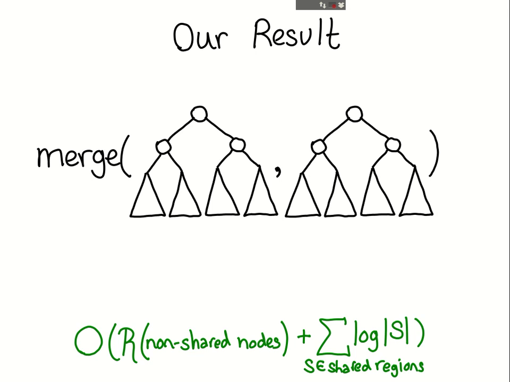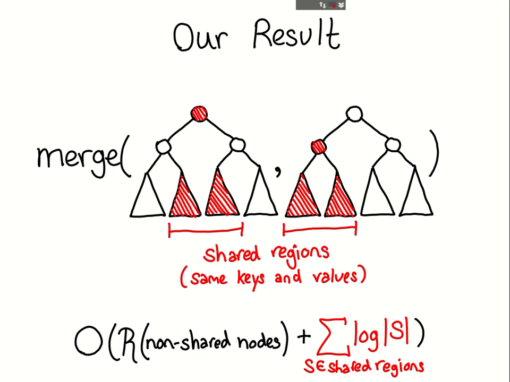Our result has to do with how these trees can be merged together. In particular, we can merge two trees together in time equal to the time it takes to do conflict resolution on the non-shared nodes, plus the sum of the logarithm of the size of each shared region. That's a lot to take in, so let's unpack that.